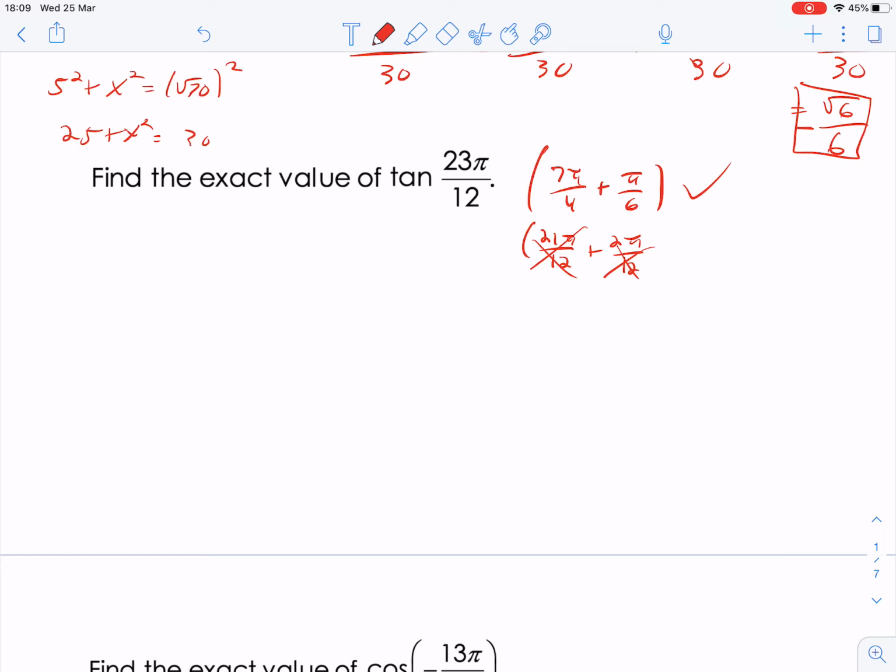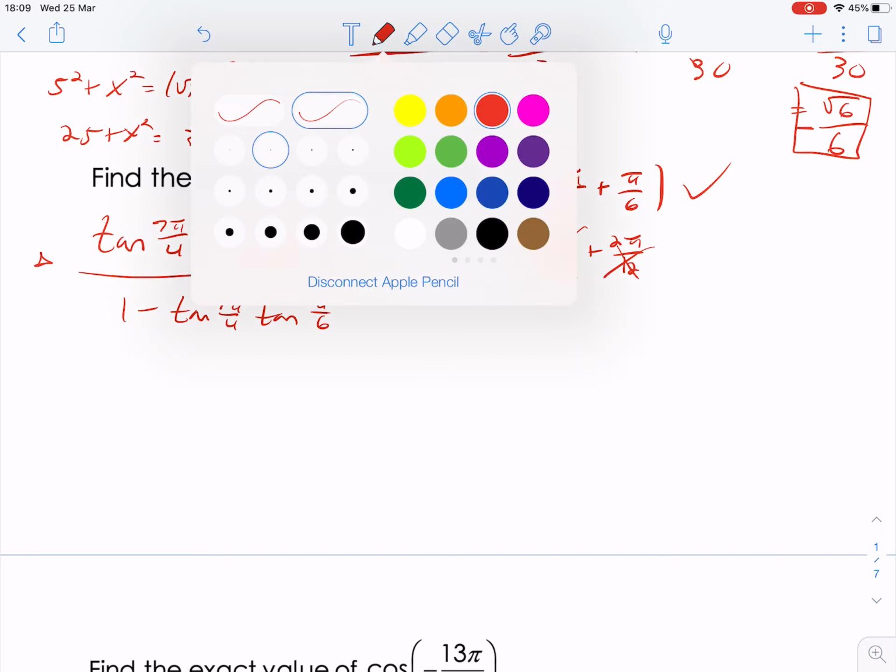So we have to know tangent sum of angles. It's going to be the tangent of 7 pi over 4 plus tangent of pi over 6, all over 1 minus tangent of 7 pi over 4 times tangent of pi over 6. All right, so changing colors here. I'm getting bored with the red.